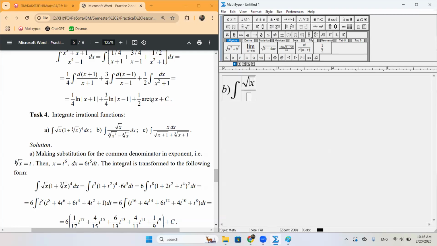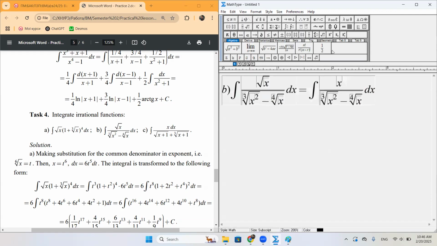So we have such an integral: x over the cube root of x squared minus the fourth root of x, dx. So again, what do we have to do?